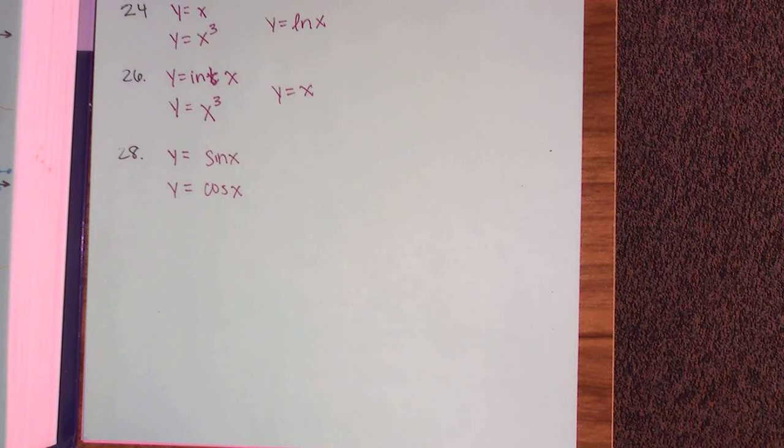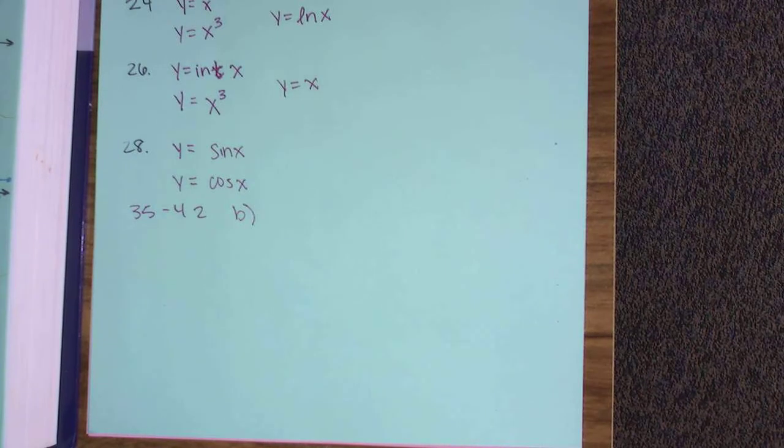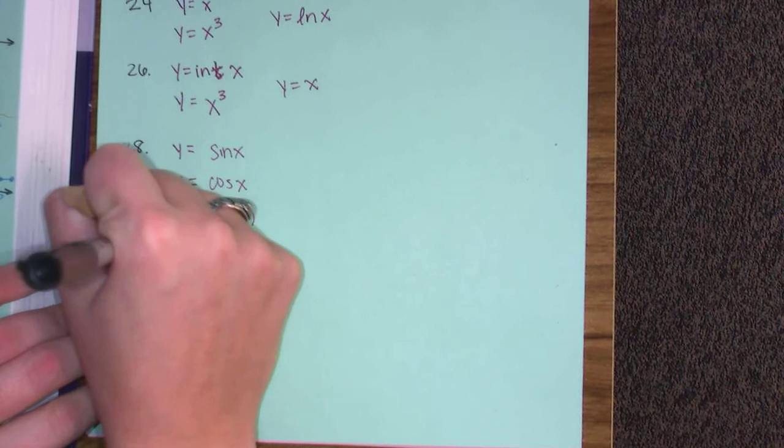For 35 through 42, I just want us to do is the function odd, even, or neither, so just part B. Okay, so part B only. Alright. 36.